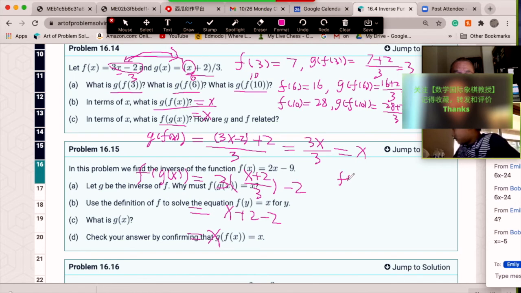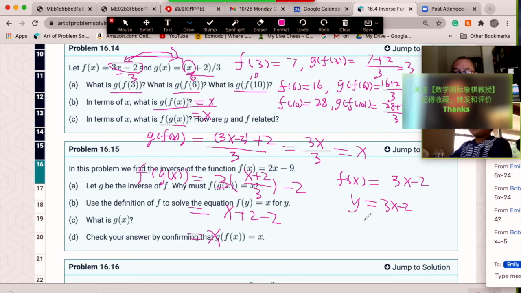Say f(x) equals 3x minus 2. G(x), let's solve this one. Both sides plus 2. Now let's suppose this function is y equals 3x minus 2.